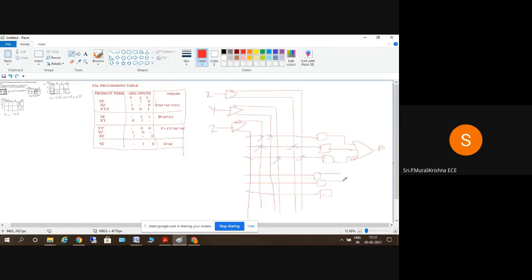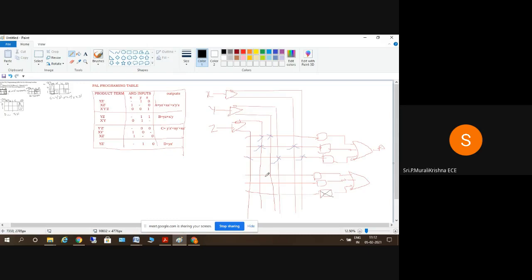Okay, so 3 AND gates are given to an OR gate. Okay, but we have connections for only 2 AND gates. So the third AND gate is not used. I'll put a cross mark in the center. I mean, this is not used here.